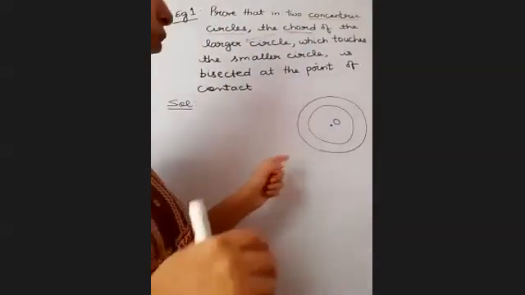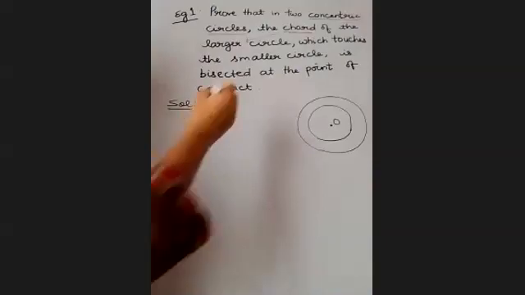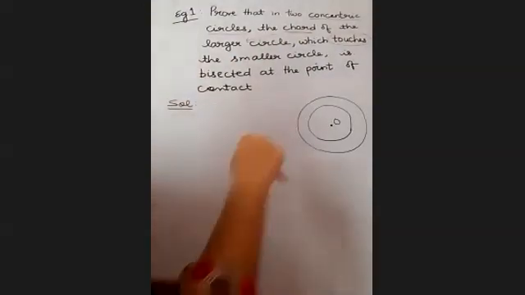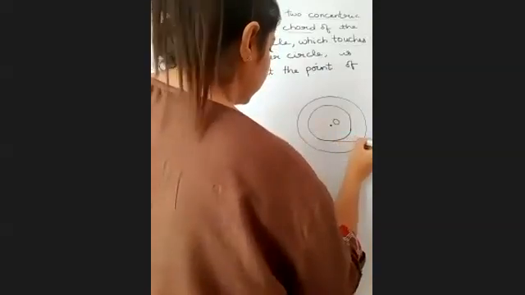Now the chord of the larger circle is touching the smaller circle, beta. What does it mean? It is a tangent to the smaller circle. Touches means point of contact. It is not given that it is intersecting at 2 points or something like that. It is like this, beta.